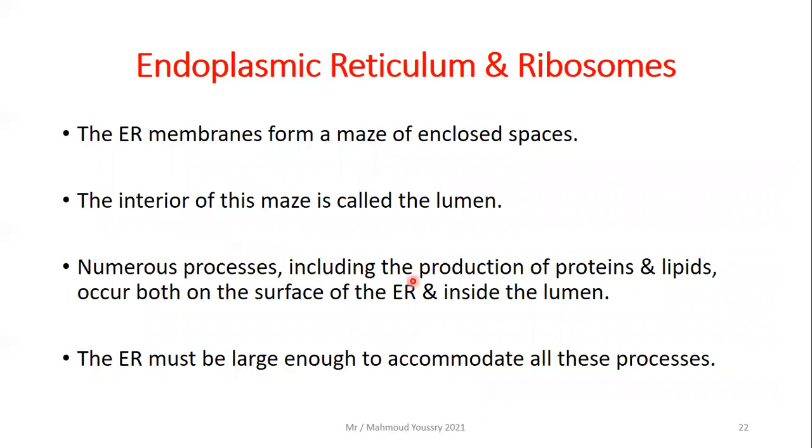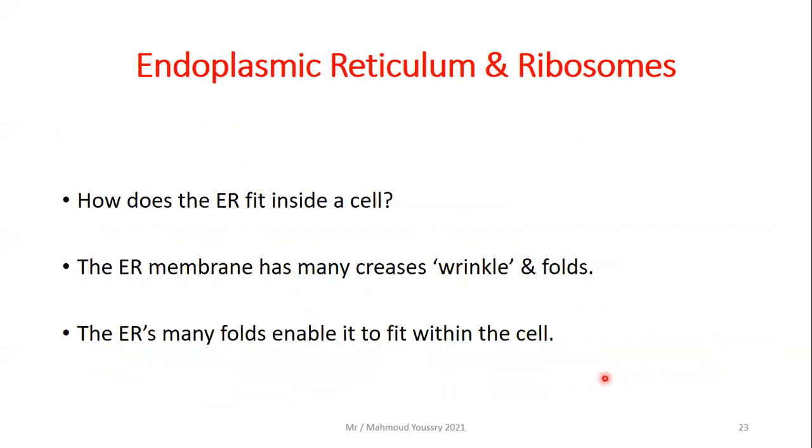Numerous processes, including the production of proteins and lipids, take place on the surface of the ER and inside the lumen. The ER must be large enough to accommodate all these processes.